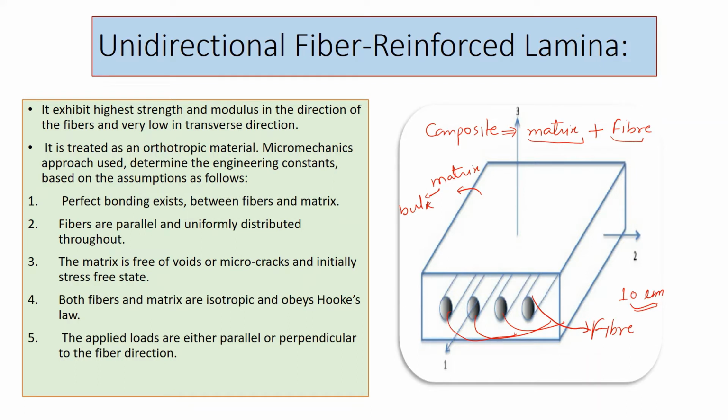So the fibers are very high in strength, and the bulk material, the matrix, is lower in strength. The structure made from matrix plus fiber is called a lamina. A lamina is a plate layer.